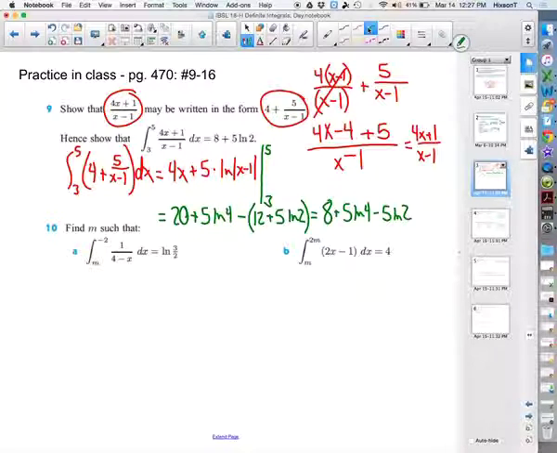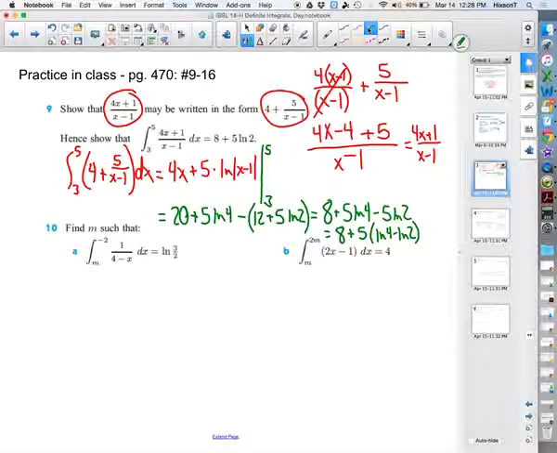Take out the 5 and just subtract. Okay, good. It's just natural log of 2. How do I know it's natural log of 2? 4 minus 2.